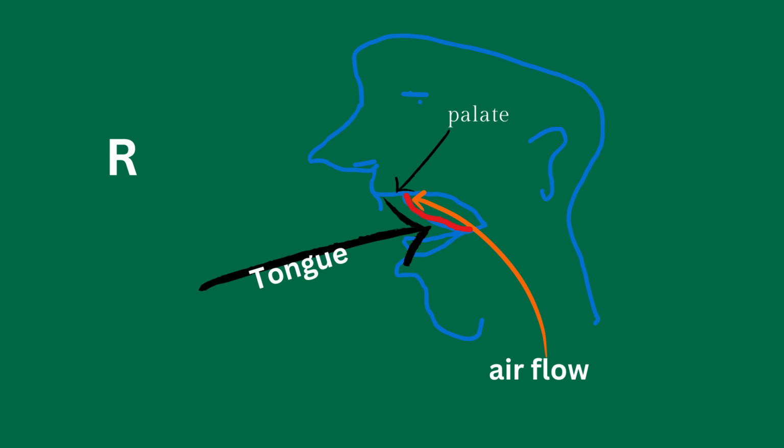You're going to direct the airflow to the tip of the tongue and press it not too hard, and you have to practice. You can do it with just air and try to direct the airflow to that point, where the orange and red are. Then you make the sound. That's the way to practice, okay?